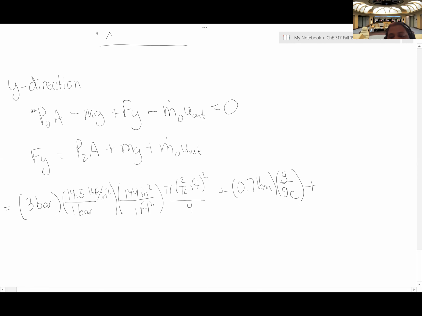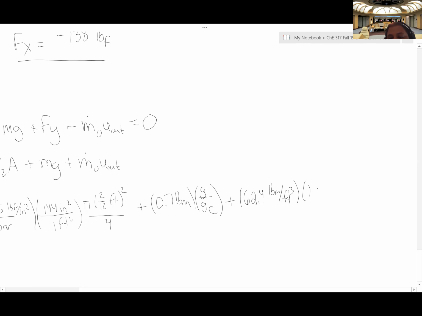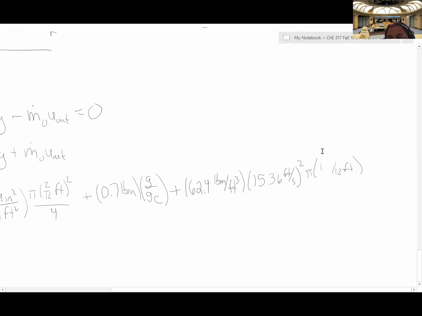So I'm going to have 62.4 pound mass per cubic foot times the velocity, or the velocity squared to make things easier, times the area, which is pi, times 1 1/4 divided by 12 to get it in feet. And here, I'll just do 1.25 because it's a lot neater, over 4.